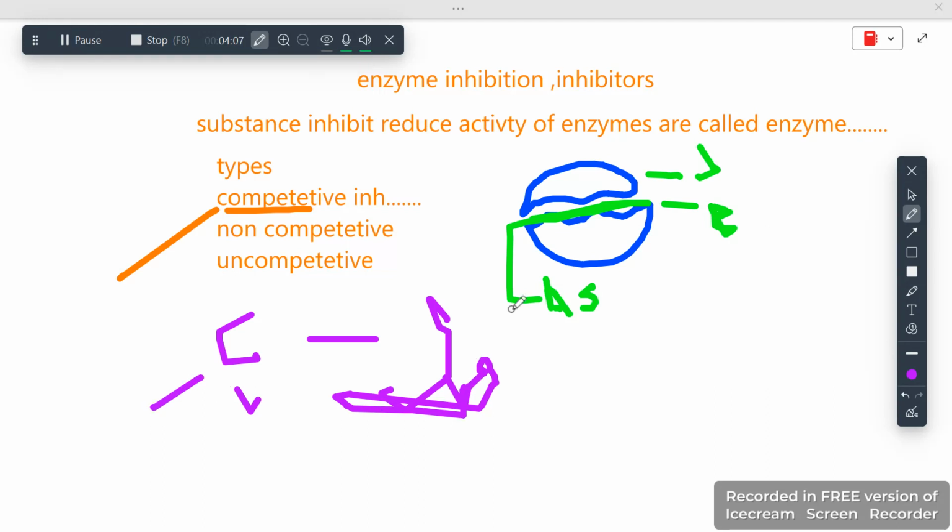Then if we talk about the examples of this one, first let me write the definition. This means they compete, or they have competition with what? Competes with substrate, and for what? For the active site.